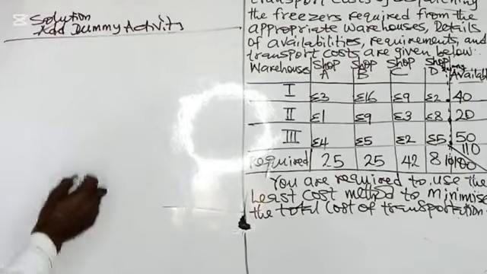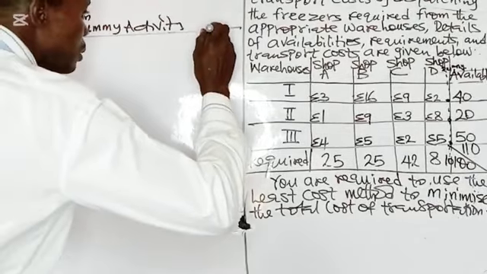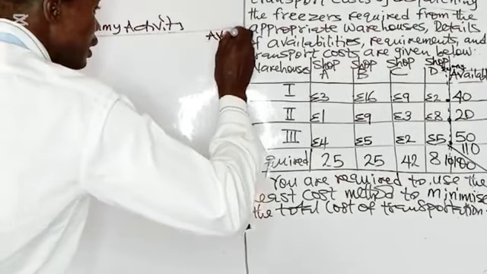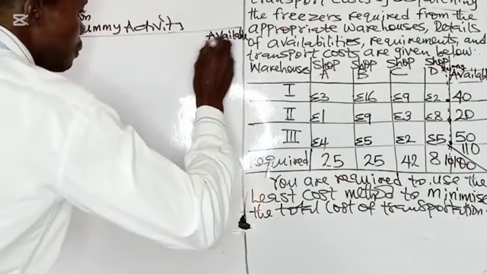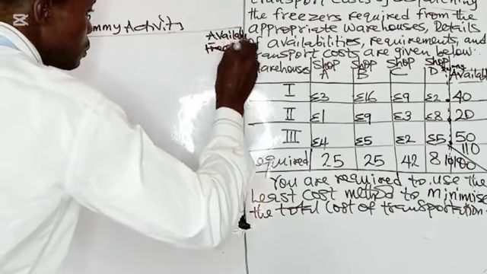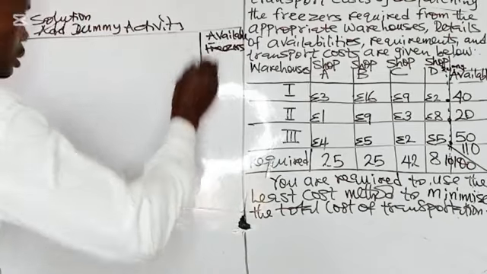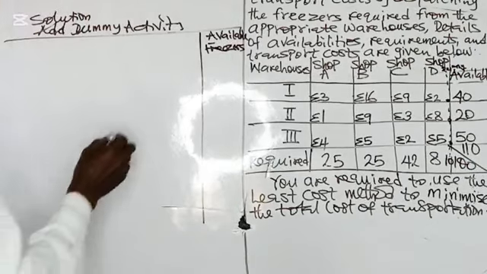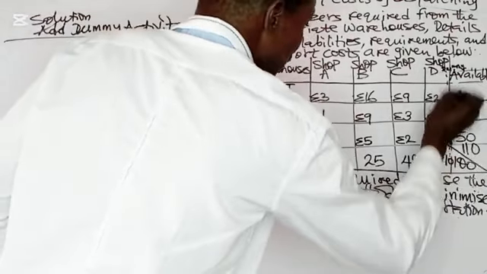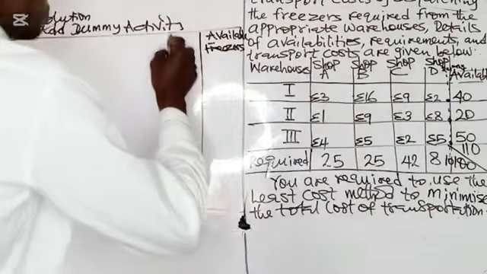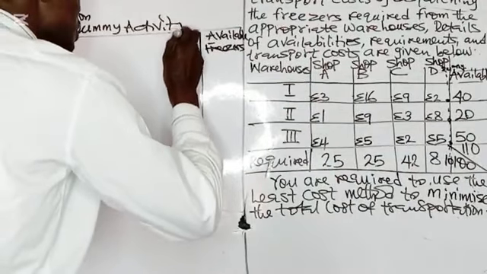So you have shop, we have available freezer, then now we are introducing dummy vertically here in order to make it balanced. So that is why I will put dummy here.